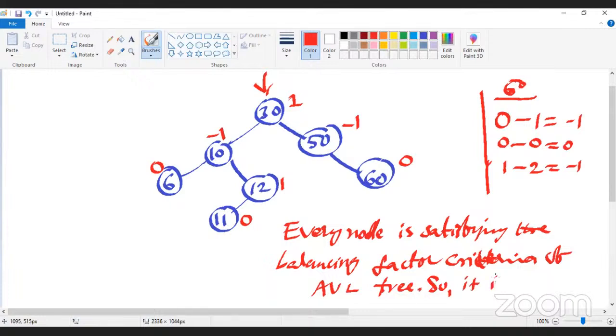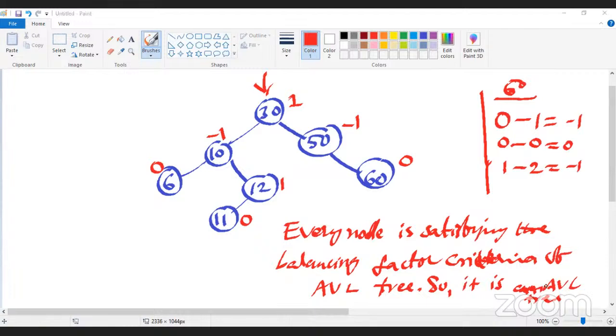So it is an AVL tree. Do you agree? Yes, this is an AVL tree.